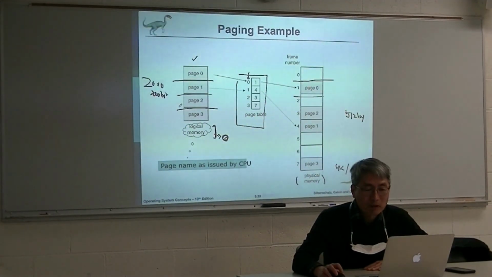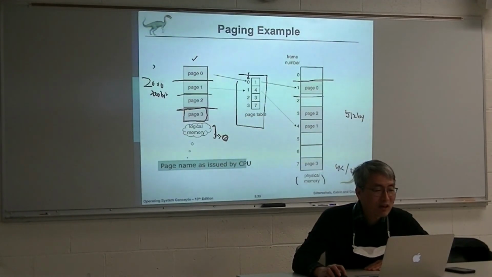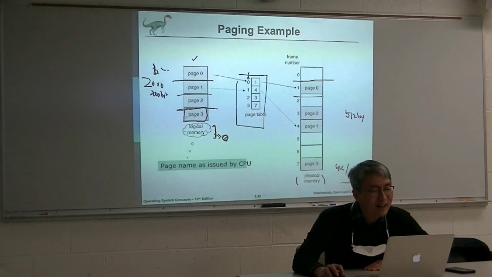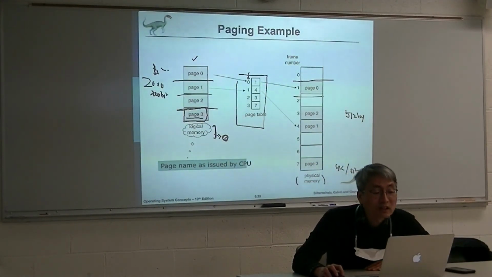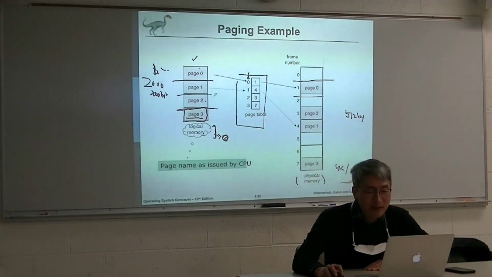About 4, 3 point something. So we need the entire page for the last one. Even though it needs only 300 or 500 some, or 409 something like that, we still need the entire whole page. So we need pages 0, 1, 2, 3.